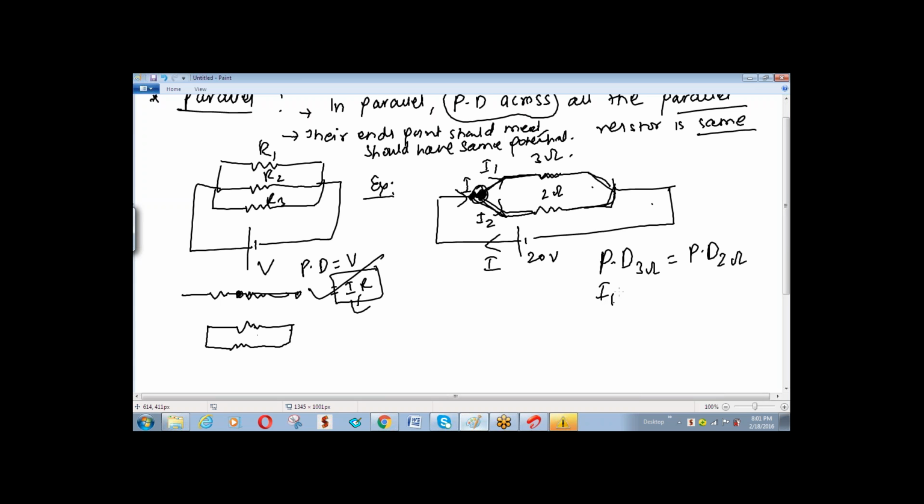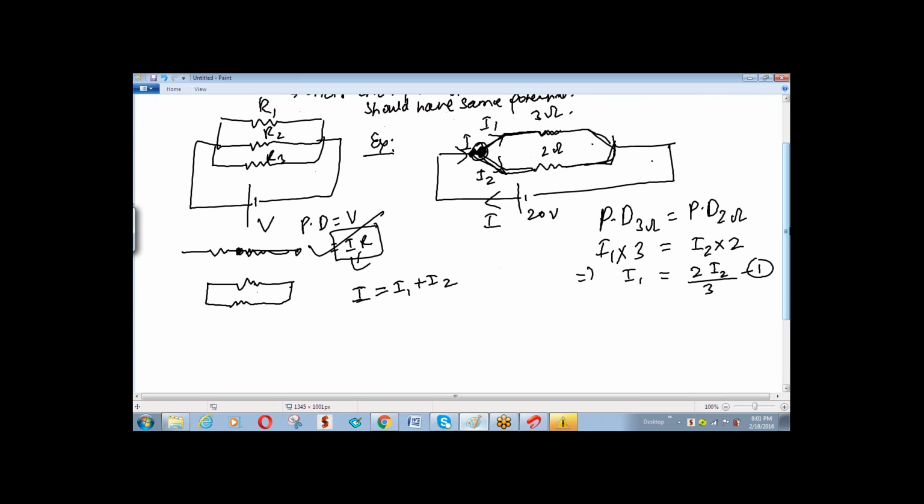That is I1. What is the resistance? 3. So I1 times 3 should be equal to I2 times 2. From here, I got the relation that I1 equals 2I2 upon 3. Equation number 1. Now, I also know that the original value of current should be the sum of I1 plus I2. Is it okay?